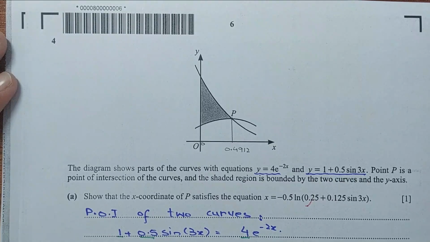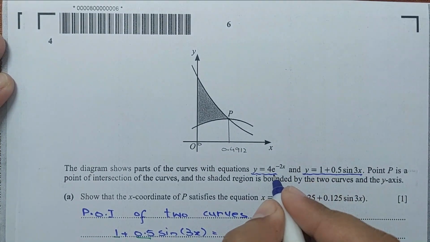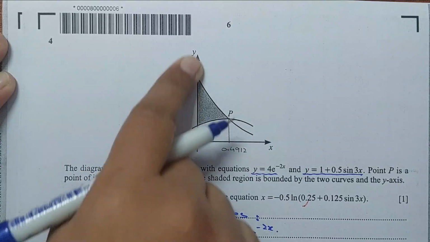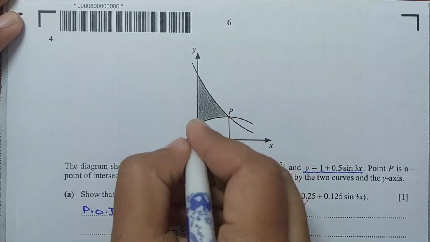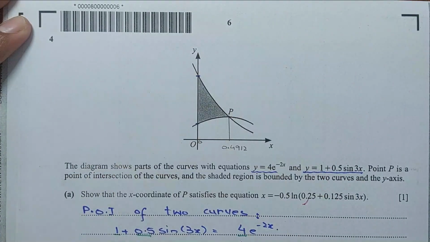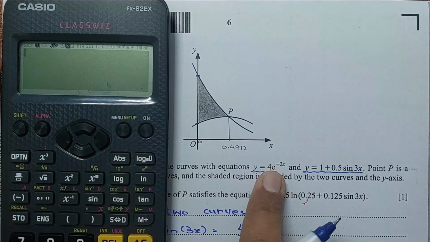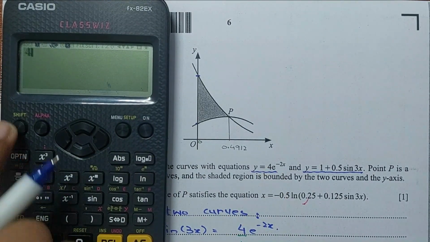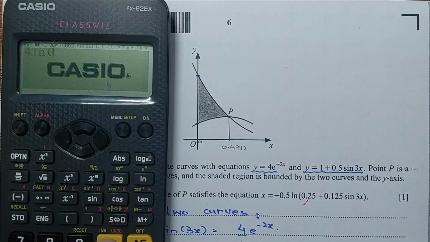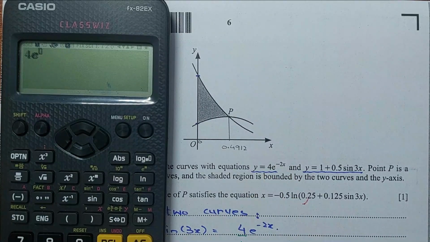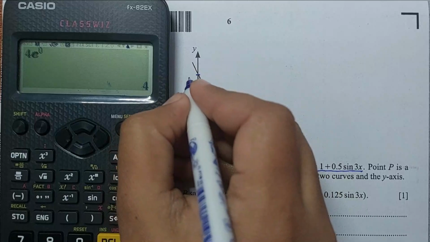Now we don't know which one is the upper curve and which one is the lower curve, whether the exponential or the sine curve. So here the x value is 0, right? We have some y value over here and some y value over here. So when you fix x equals 0 in this curve, we have 4 to the power minus 2 times 0, which is 0. So this is just 4. The y coordinate is 4.